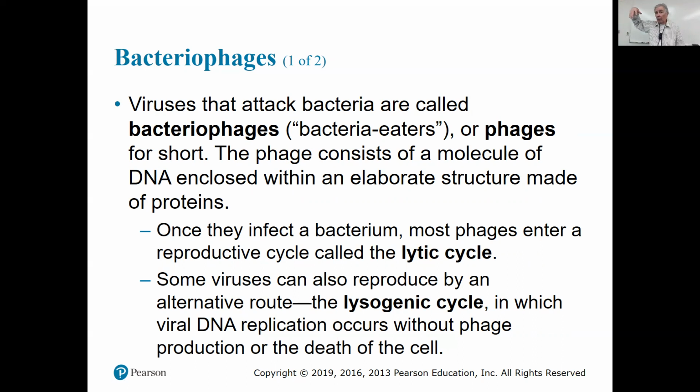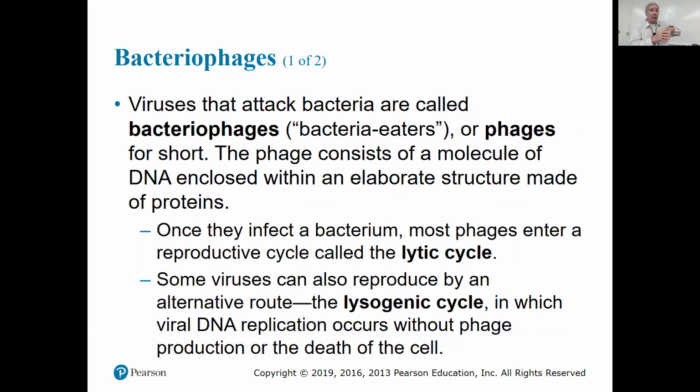But some viruses can also reproduce by an alternative route called the lysogenic cycle, in which viral DNA replication occurs without the death of the cell. These viruses get incorporated into the chromosome of the cell they invade and become part of that organism's genome, and are passed on to its offspring.